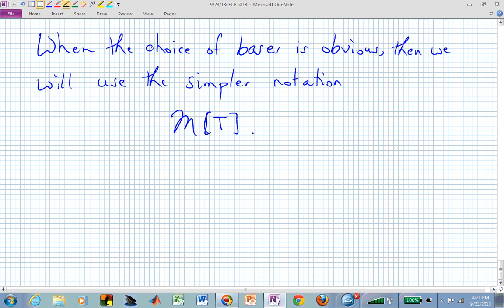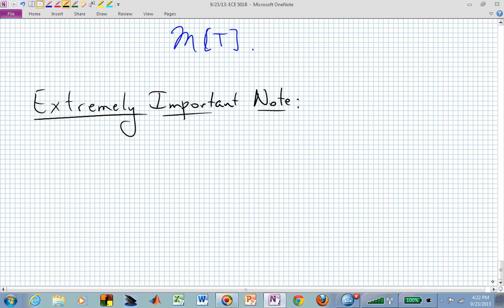Now what we should realize is what I will try to indicate with this extremely important note. Relative to vectors and maps, we've seen this with vectors.